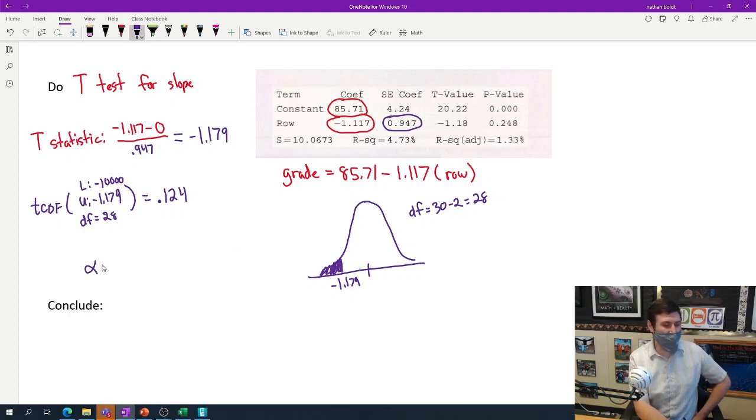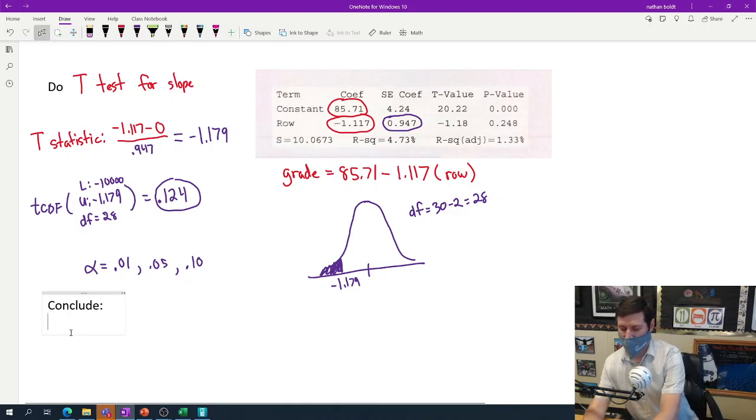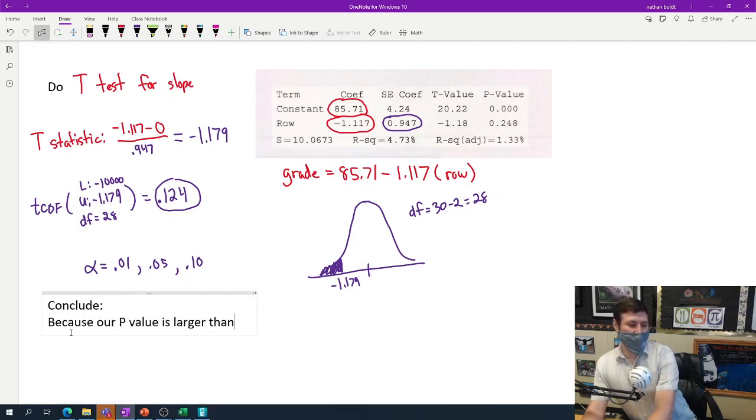But no matter what my alpha was, whether it was 0.01, 0.05, or even 0.10, no matter which alpha we had, those are the popular ones, 12.4% is bigger than that, isn't it? So no matter which one it was, the p-value is larger than even an alpha of 0.10, we fail to reject the null.